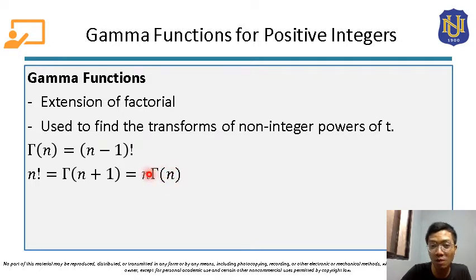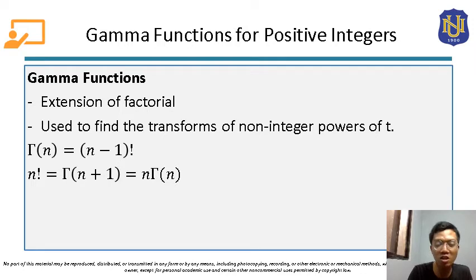We need to multiply by n to make it 5 factorial, right? So n times gamma of n is equivalent to n factorial, which is also equivalent to gamma of n plus 1. So you get it.